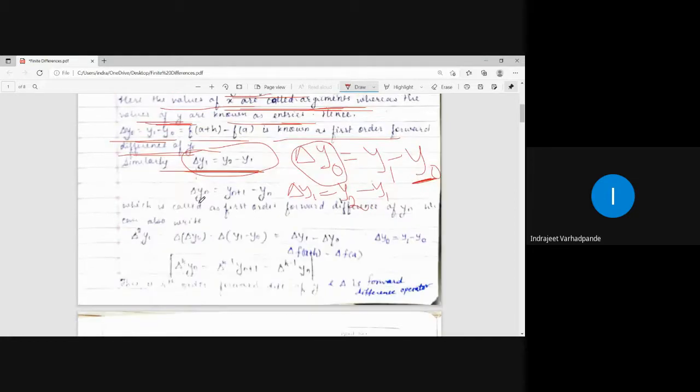In general, delta yn will be the next term of yn, what is the next term of yn? yn plus 1, minus yn. So delta yn is yn plus 1 minus yn, which is called the first order forward difference of yn.